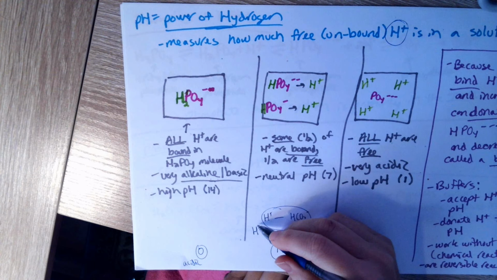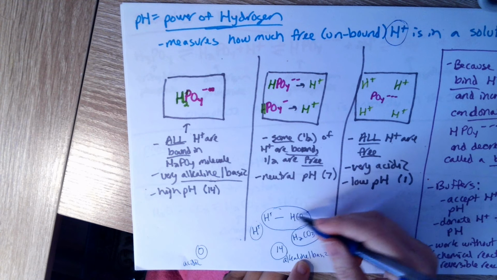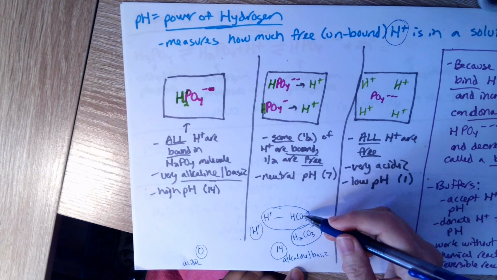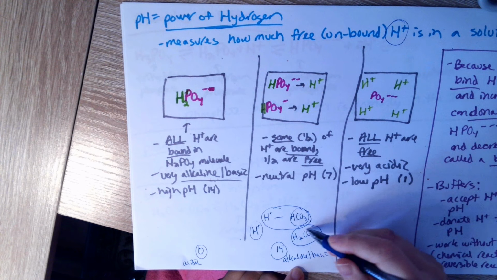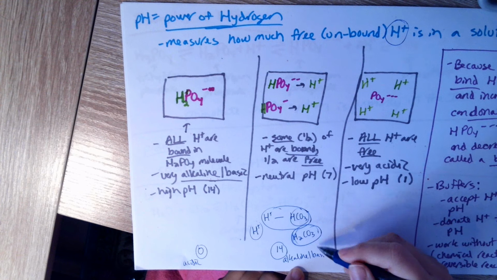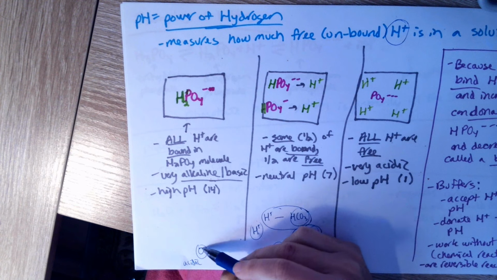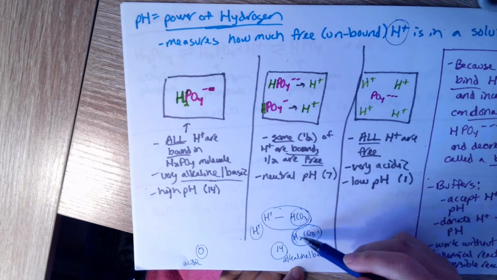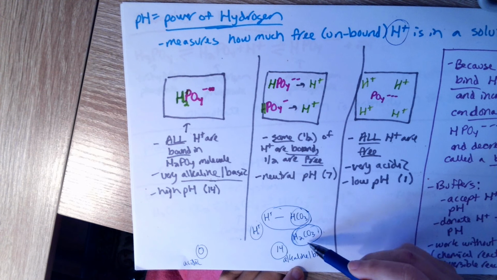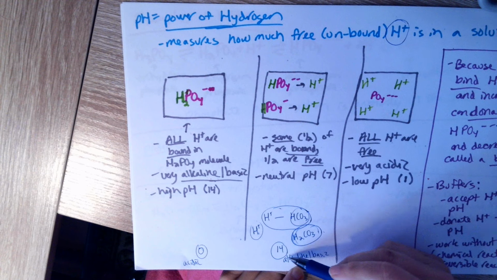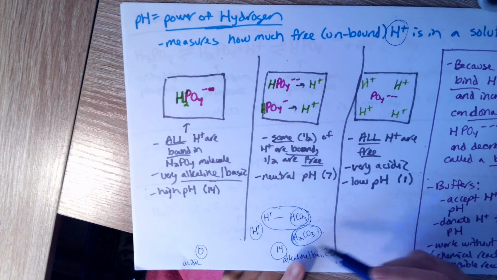So here we had a bunch of free hydrogens. Then we essentially bound them up or soaked them up with this bicarbonate, forming this carbonic acid, no free hydrogen. So lots of free hydrogens would be very low pH, very acidic. No free hydrogens would be very high pH, very alkaline, very basic.